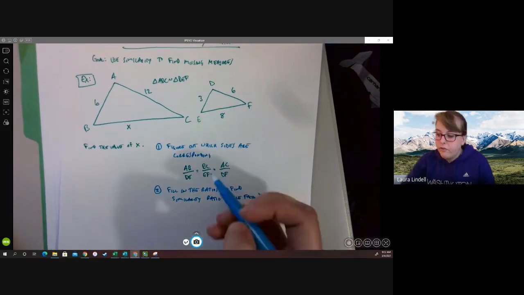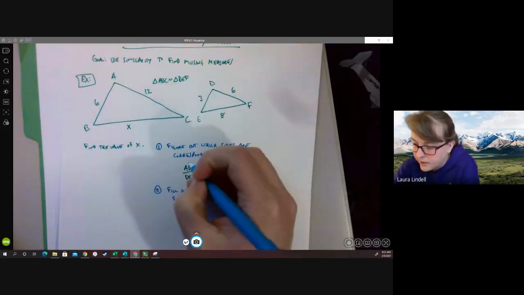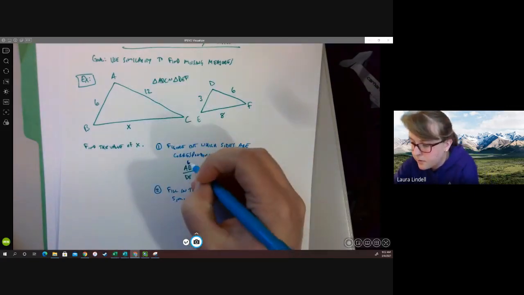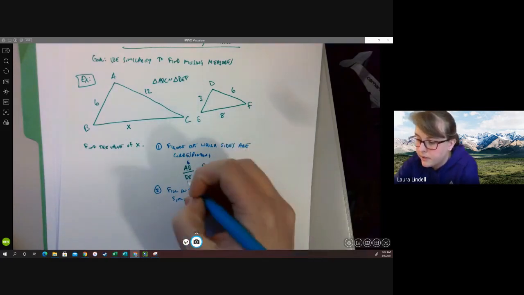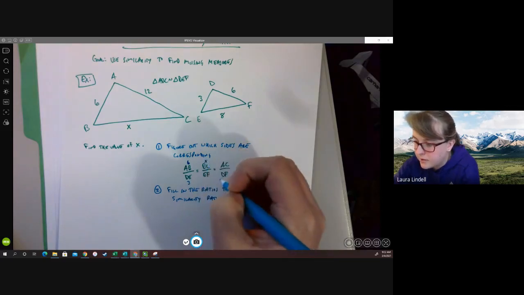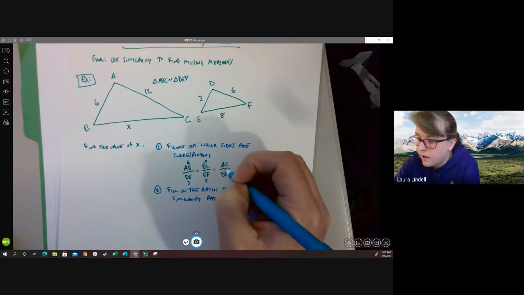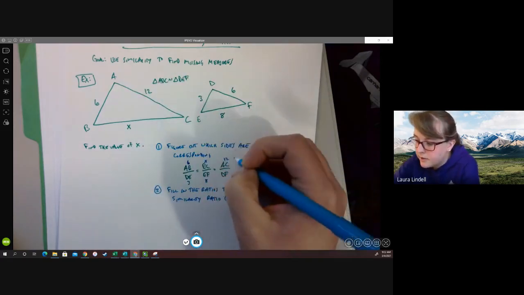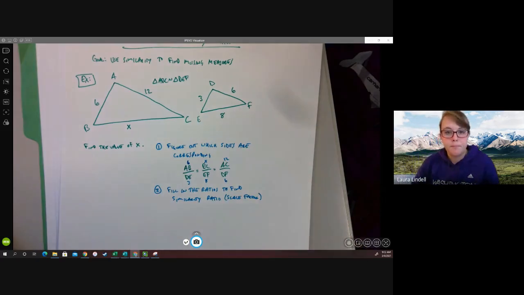So I'm going to fill in whatever information I have here. I know that AB is 6. So I'm just going to kind of write that above what I know. I know DE is 3. I know BC is X. I know EF is 8. I know AC is 12. And I know DF is 6. That's all from the picture.